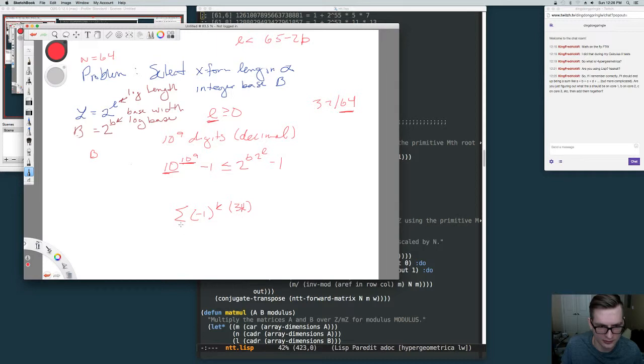Okay, it's like 13591409 plus 545140134 k, over something with like 6k factorial, and k factorial.